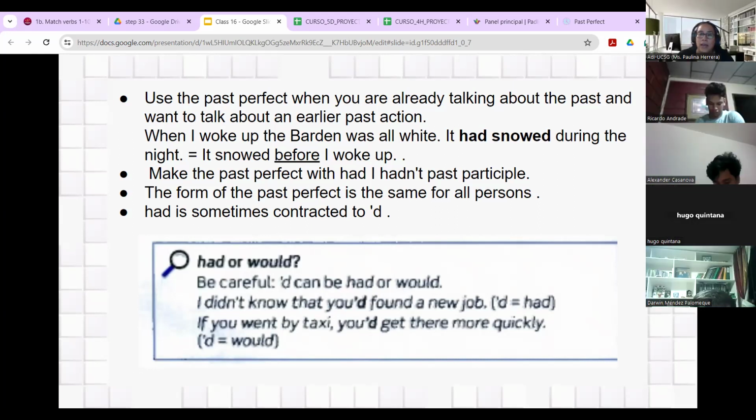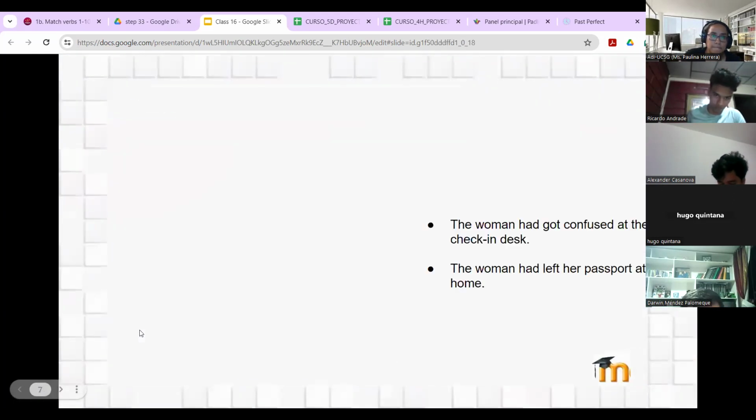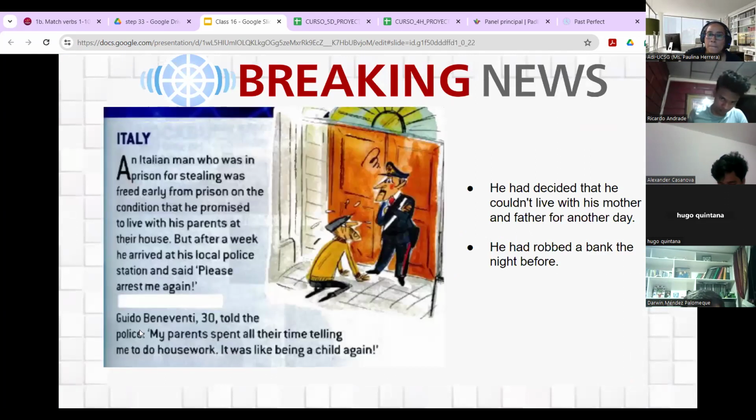We had the different stories before, and I'm just going to quickly show you that, because here we have, he had decided that he couldn't live with his mother and father for another day.